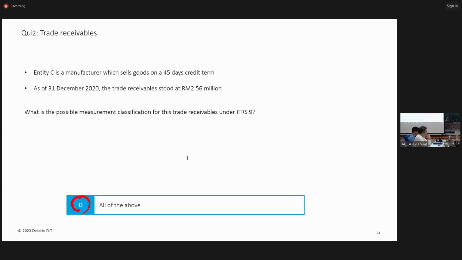You can. Not having an interest charge may actually still have what we call SPPI test met, because it really depends on the circumstance, right? If you look at this trade receivable, it didn't say that it is due in the next 5 years and I don't charge you interest.